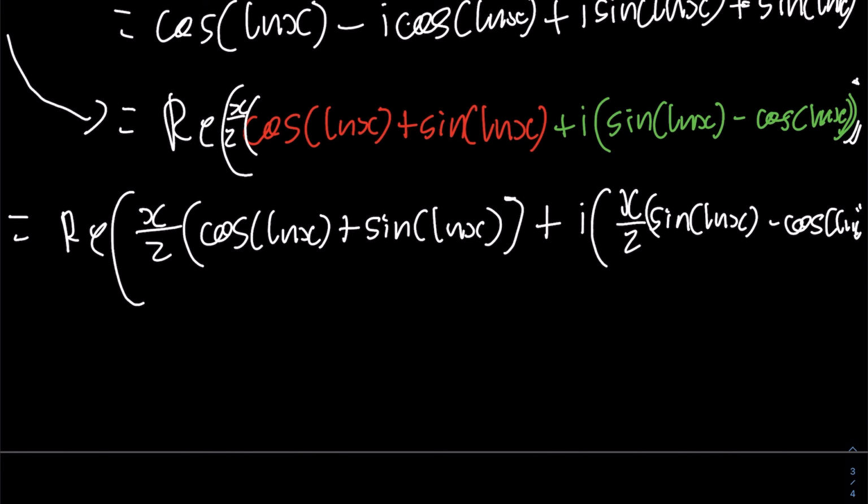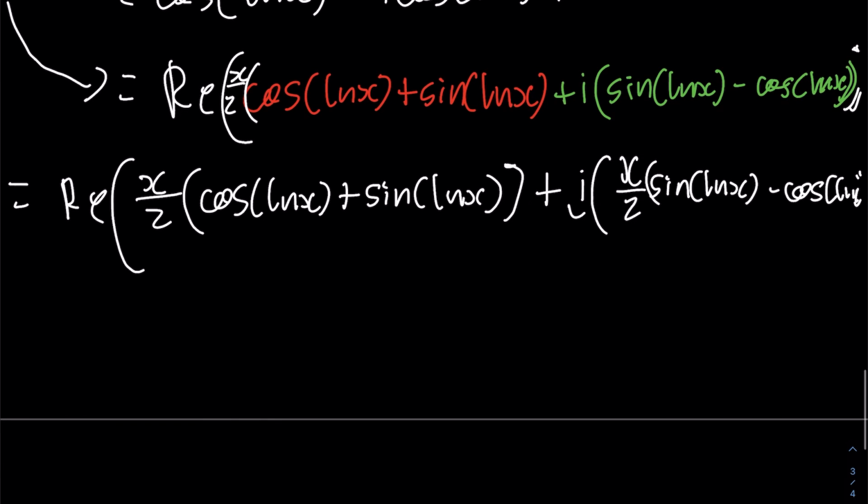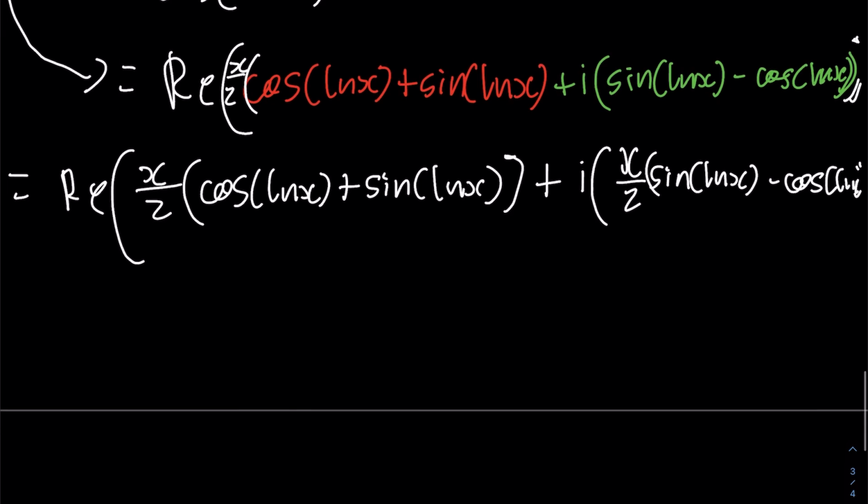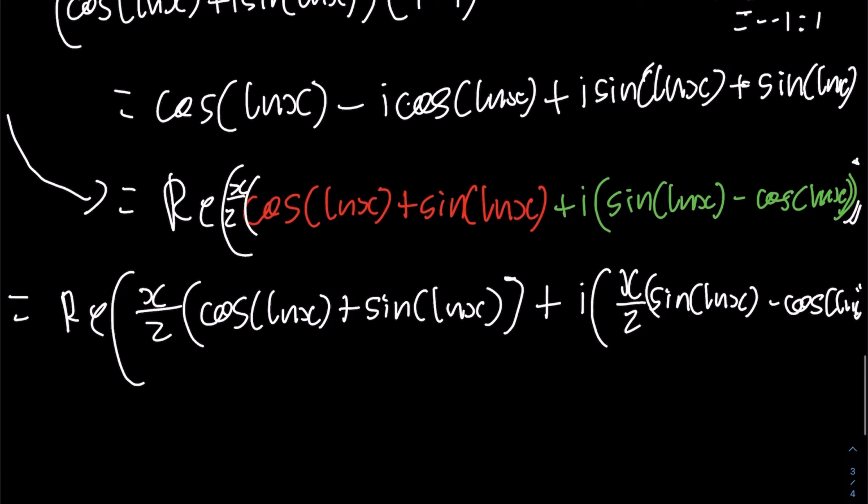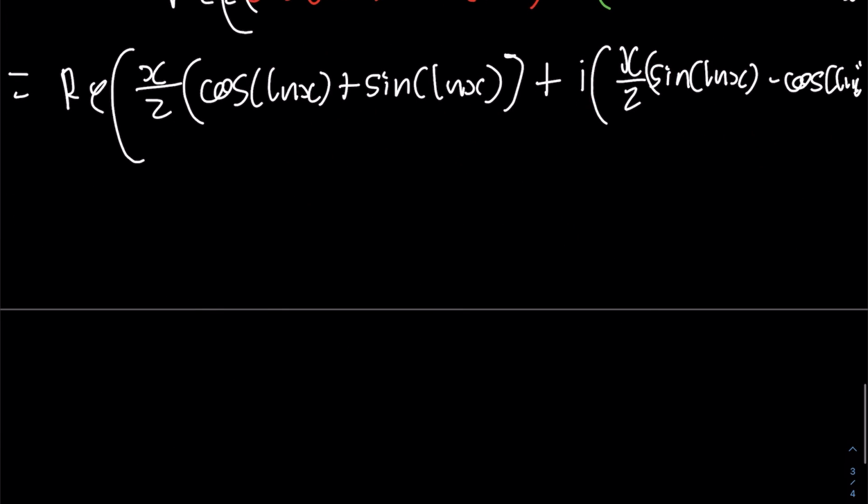And what we see here very nicely, we have an expression in the form of a plus bi, believe it or not, which is the standard form of a complex number. And when you take the real part of some complex number a plus bi, that's equal to just a. And that a real part is this part right here. And the imaginary part would be this part right here.